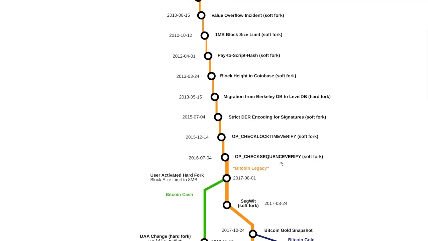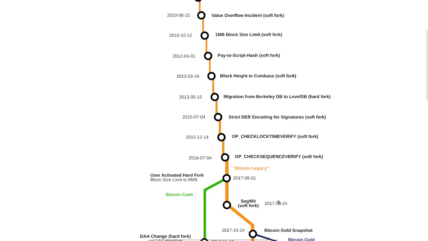So Lightning is a layer 2, which means it's built on top of Bitcoin, and it's meant to scale Bitcoin without increasing the block size. And another thing is SegWit technically increases the block size also. It introduced the concept of virtual bytes, and the block size limit measured in virtual bytes is 4 megabytes.